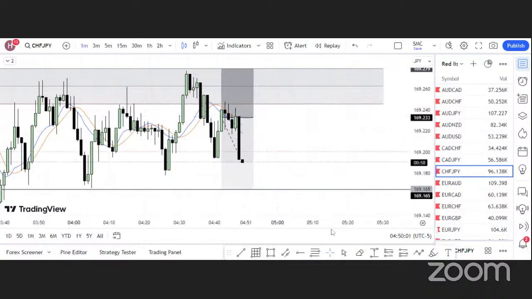Wow, guys, we are in good profit. Okay, I think the market hung for some time, and our trade was playing out, and we didn't know.